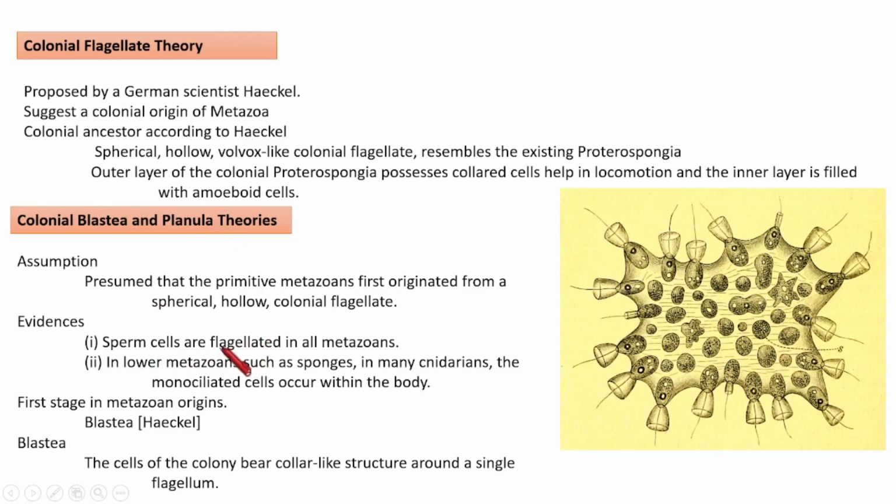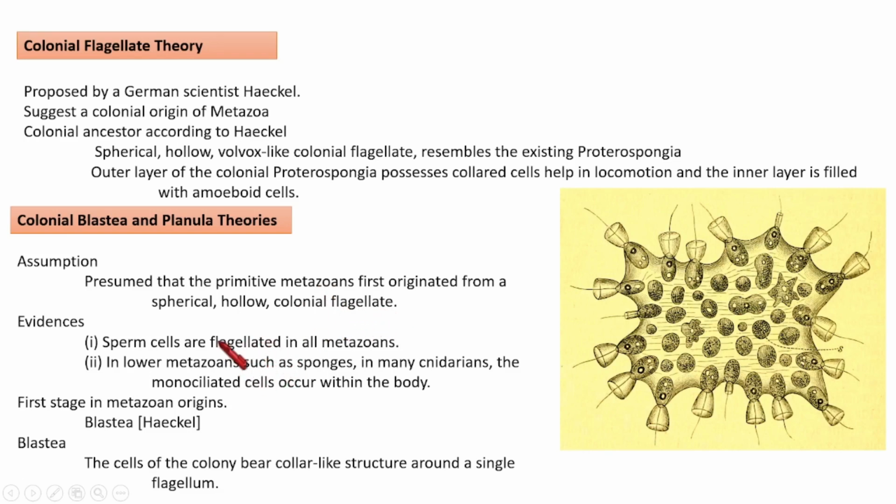That is one evidence. The next evidence is that in lower metazoans like sponges and many cnidarians, we can also see monociliated cells within the body.